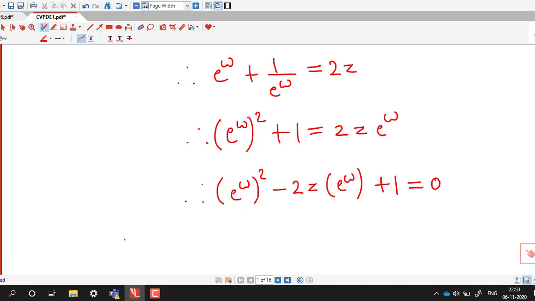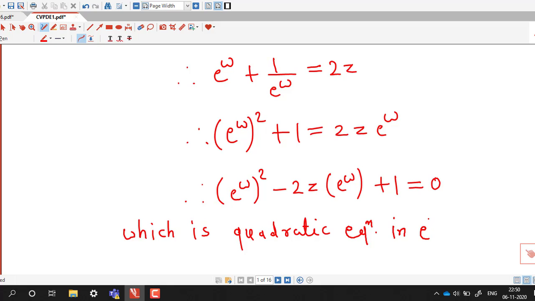If you observe, this is nothing but a quadratic equation in the variable e raised to W.